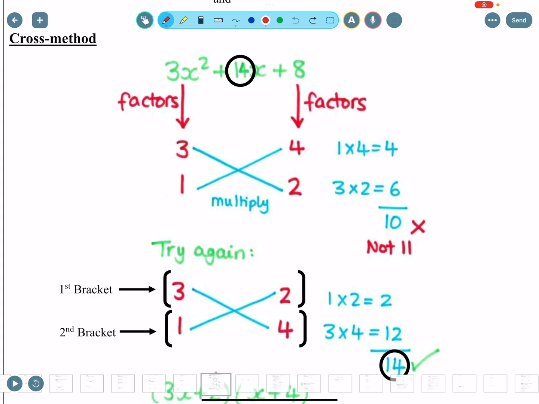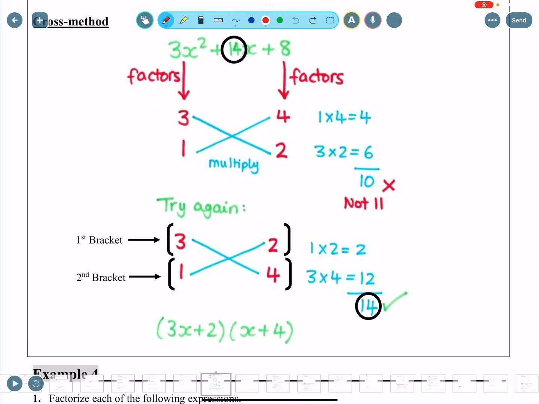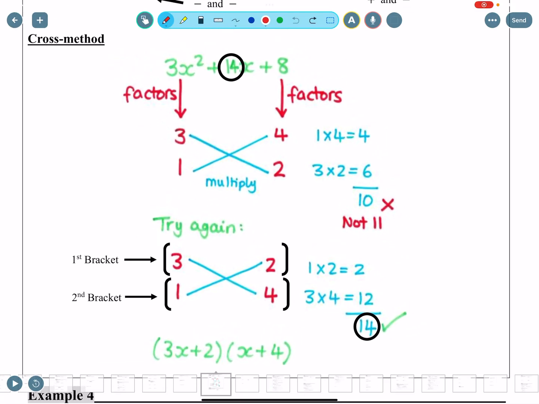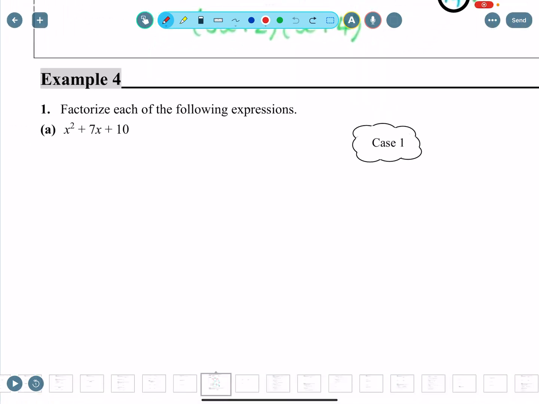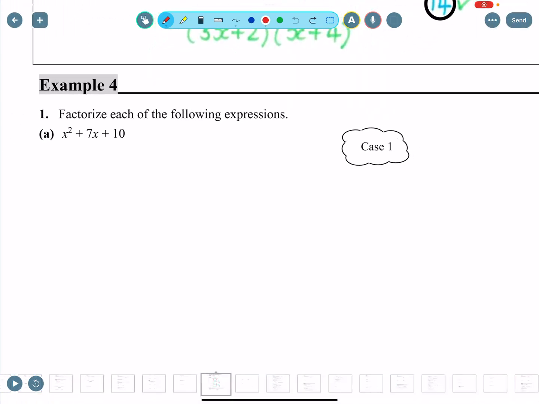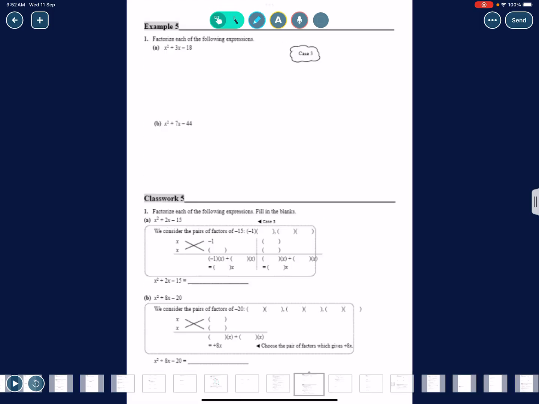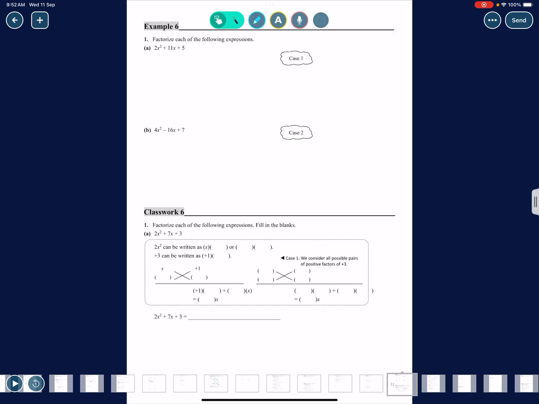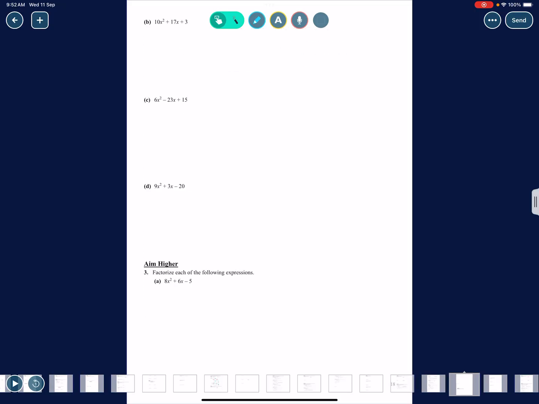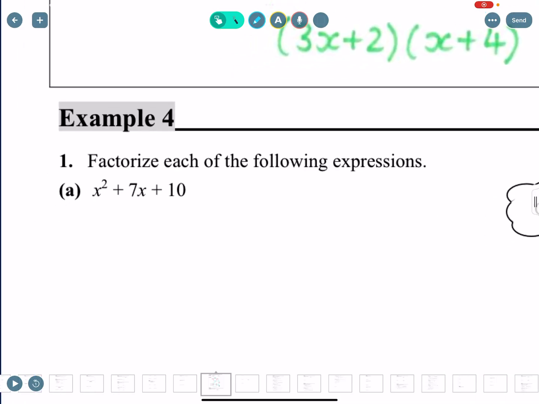So once you get the factors, you need to figure out the combination. So I will go through the combination. Never mind, maybe I'll go through all the cases.